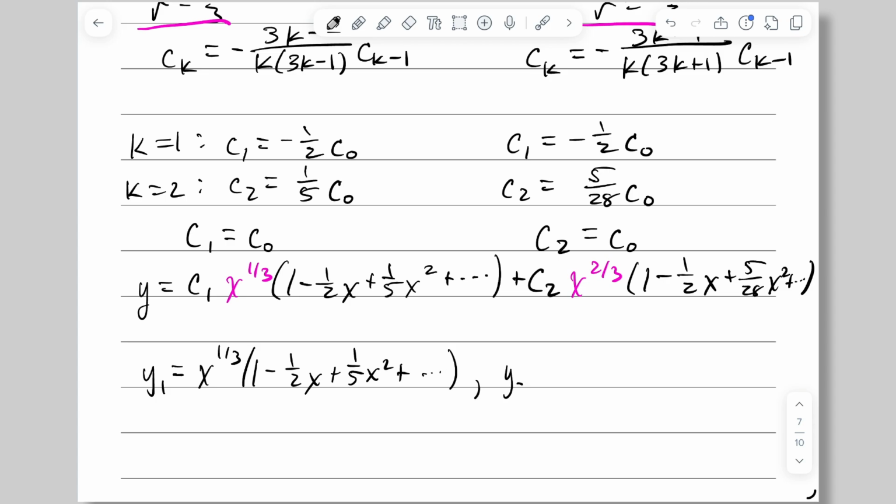And the second solution, y2, which is x to the 2/3 times the quantity of 1 minus 1/2 x plus 5/28 x squared, and so on.